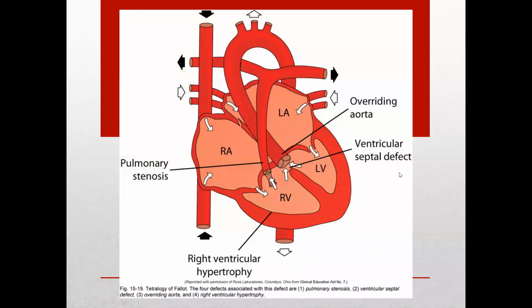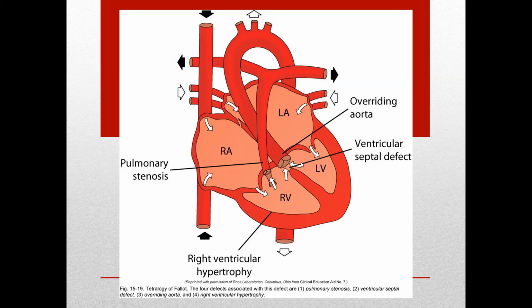Okay, here's a picture of what we were talking about. So the baby is born with a VSD, or ventricular septal defect. The pulmonary artery is underdeveloped, or hypoplastic pulmonary artery. So you can see how when the right ventricle contracts and is trying to push blood in there, it's meeting a lot of resistance. So that's going to cause that right ventricle muscle to hypertrophy.